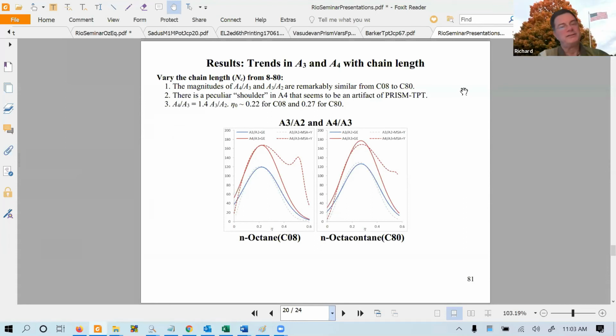Yeah, I guess I haven't figured that out yet. It just surprises me that this thing is here. My guess at this moment would be that it might be an artifact of PRISM, because, like I was saying, PRISM includes some artificial intramolecular diagrams.